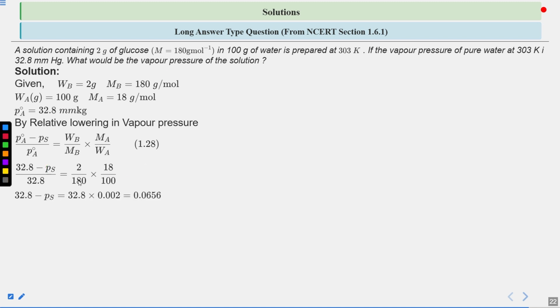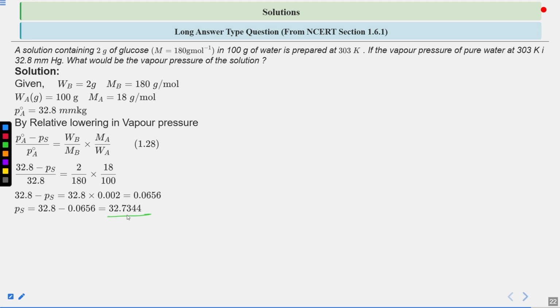So you resolve it: 32.8 minus Ps equals 32.8 times 0.002, and this will be equal to 0.0656, and Ps will be equal to 32.8 minus 0.0656.